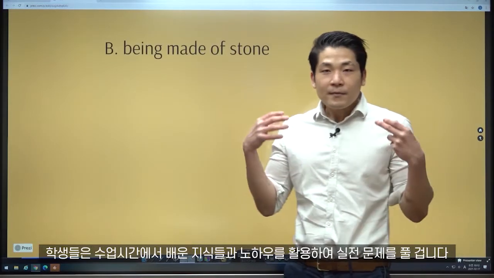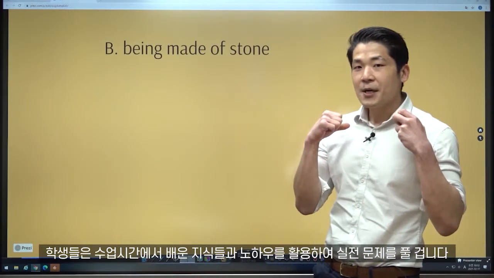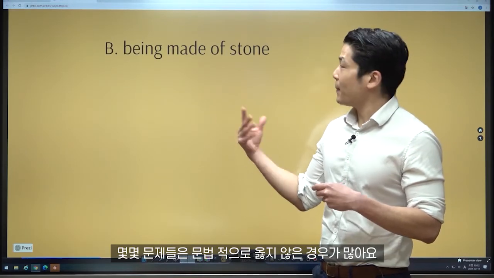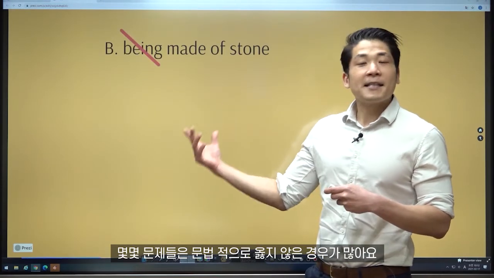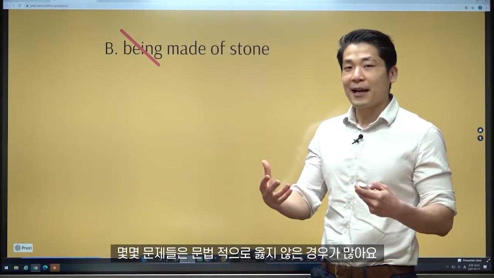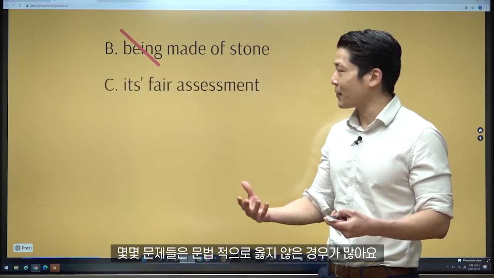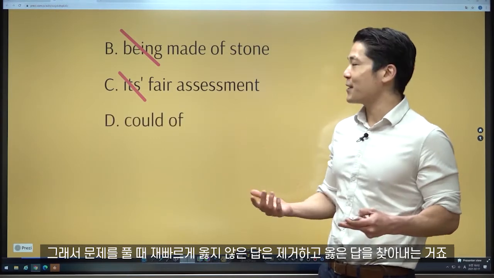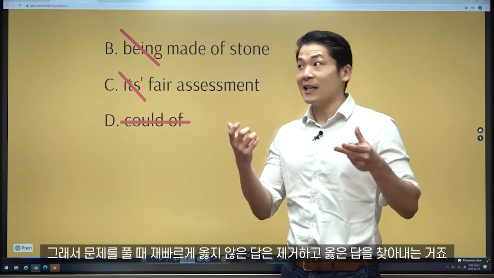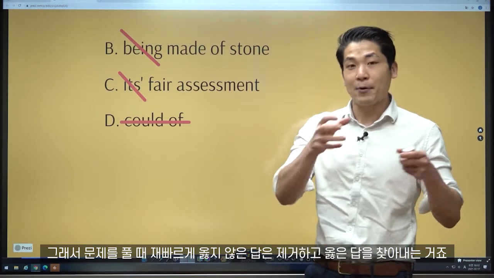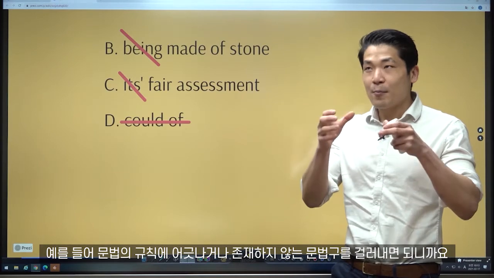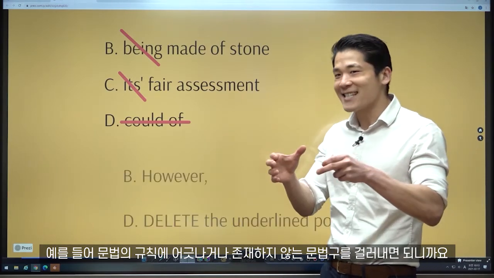You'll also be able to take this knowledge and apply it when you're taking practice tests. You'll be able to know that some answer choices are just ungrammatical, they're not grammatically correct. So you'll be able to easily recognize that and eliminate wrong answer choices, because they violate some grammar rule or they don't exist as proper English grammar phrases.